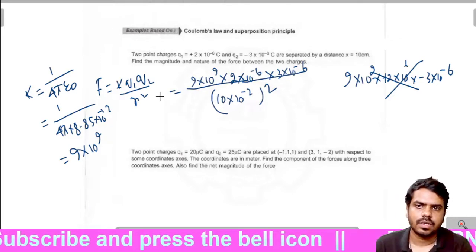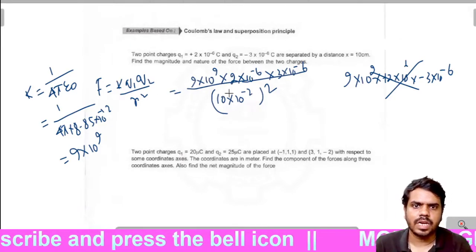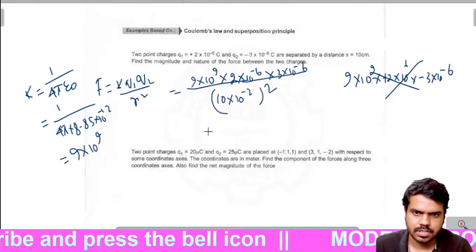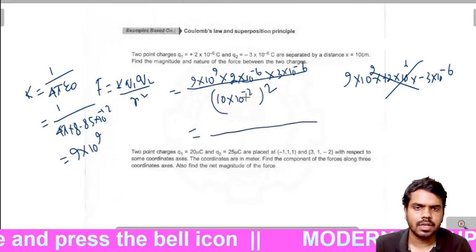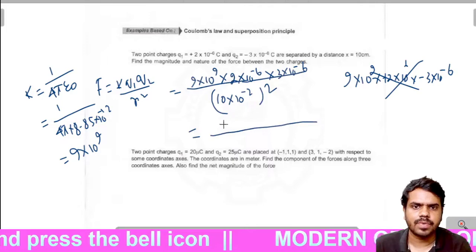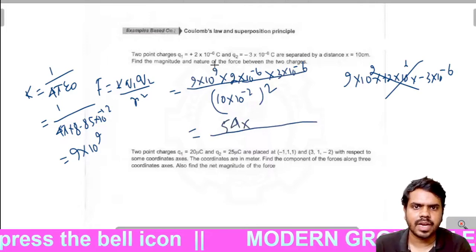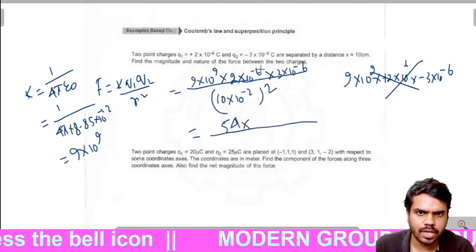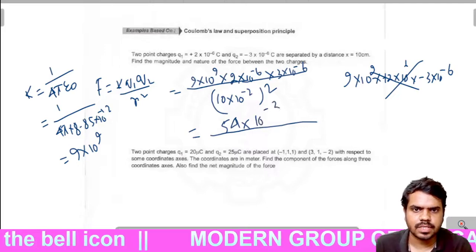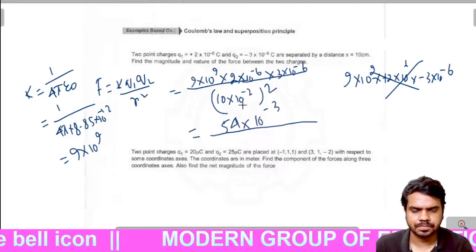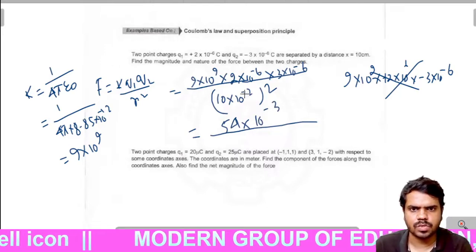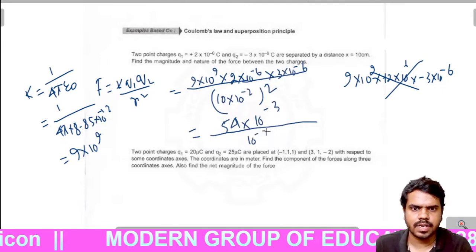So this equals 9 into 10 to the power 9 into 2 into 10 to the power minus 6 into 3 into 10 to the power minus 6. You have to calculate the answer. 9 into 2 is 18, 18 into 3 is 54. 54 into 10 to the power 9, and 10 to the power minus 6 minus 6 gives 10 to the power minus 12, so it will be 54 into 10 to the power minus 3, and in the denominator it is 10 to the power minus 1 whole square, that means 10 to the power minus 2.